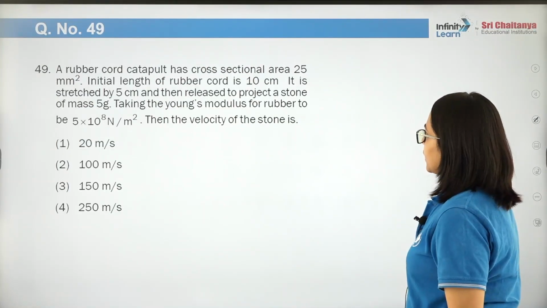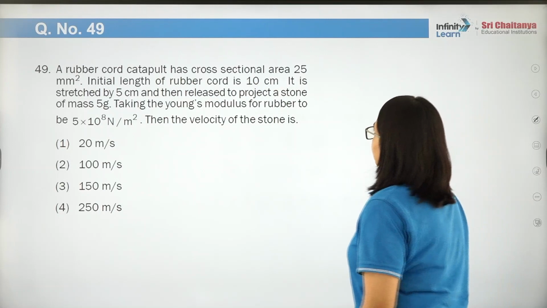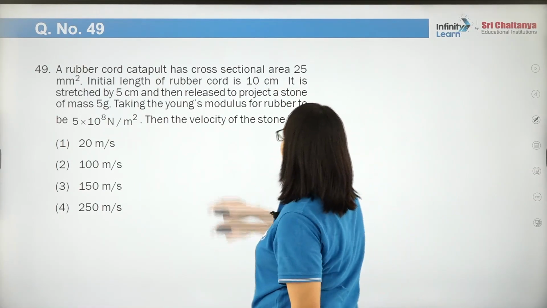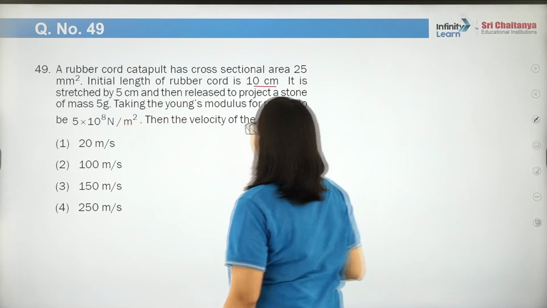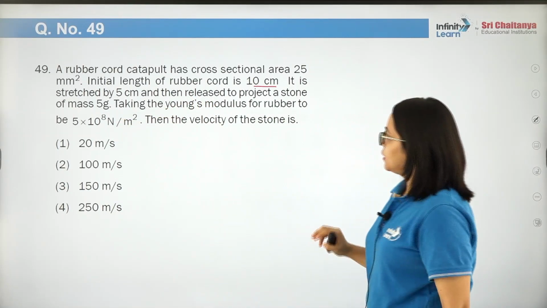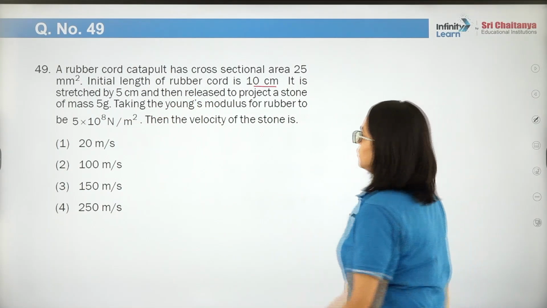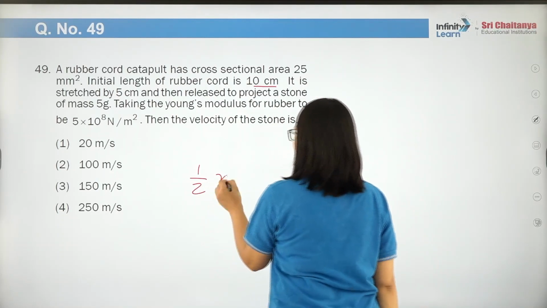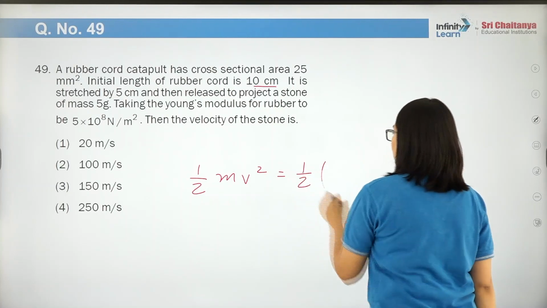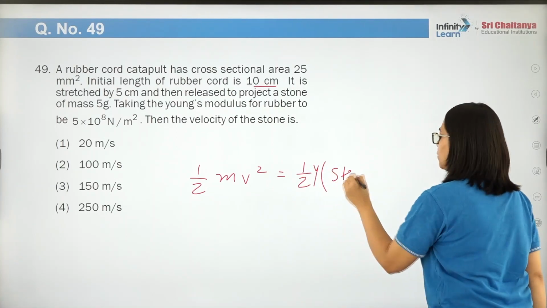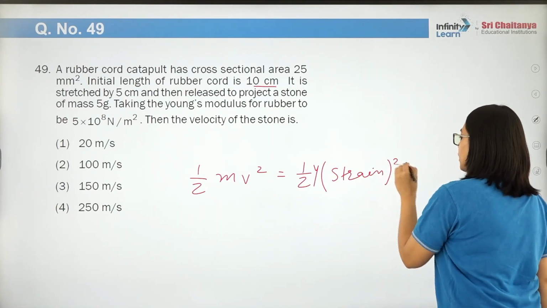Next is 49. We have a rubber cord with a given cross-sectional area and initial length, stretched by a certain amount. Taking Young's modulus as given, what is the velocity of the stone? We can say that half mv square is equal to half into Young's modulus into strain square into volume.